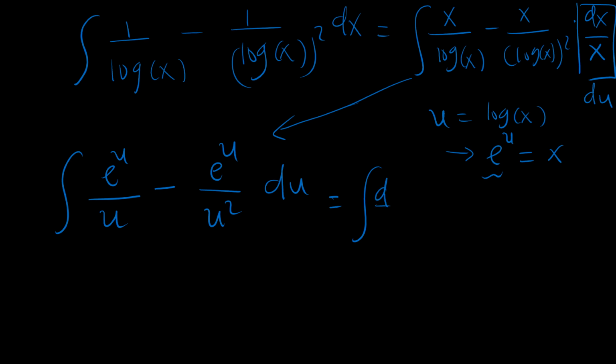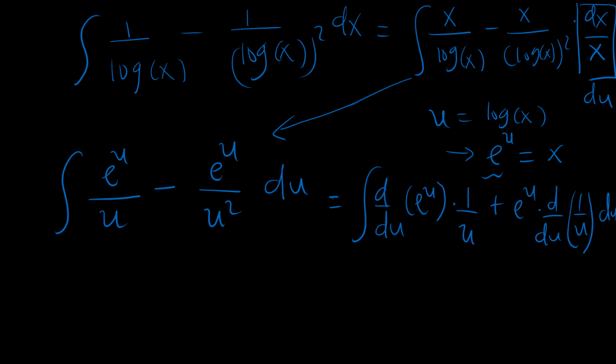So this is equal to the integral of e to the power u over u plus e to the power u times the derivative of 1 over u, du. What we've done here is we've taken this to be equal to this, and left 1 over u as it is, and negative 1 over u squared is the same as the derivative of 1 over u.